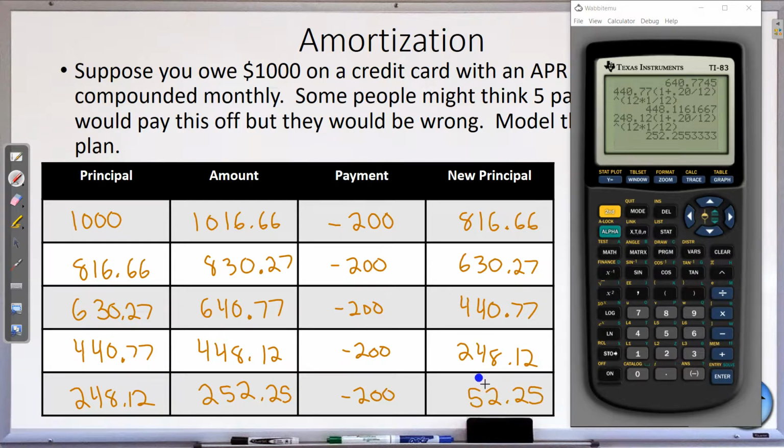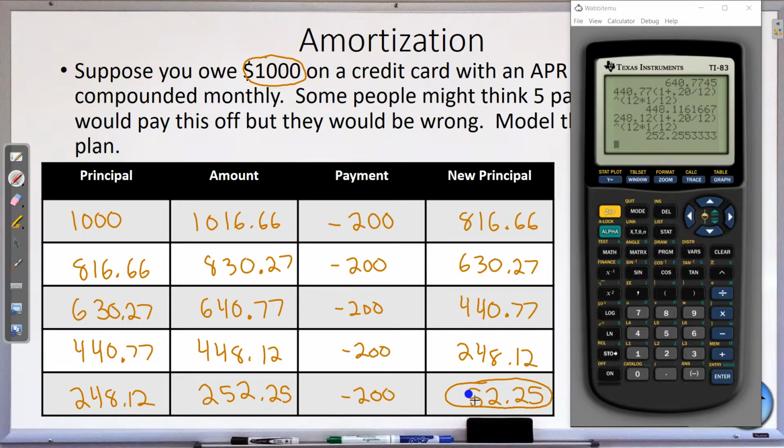So that's where I'm going to stop actually, because I've done this for 5 months, which means I have paid a total of $1,000. But this credit card company is still not done with me because they still say I owe $52.25. So the next bill will be for $52, and I'll have to pay an extra $52 to this company.